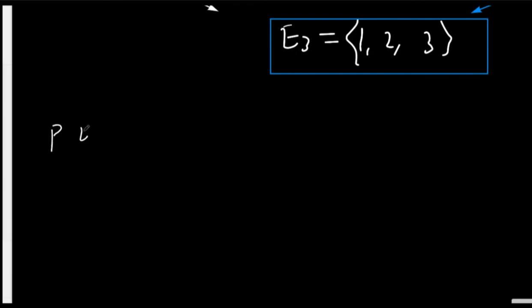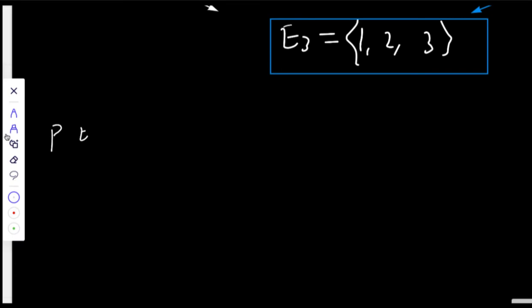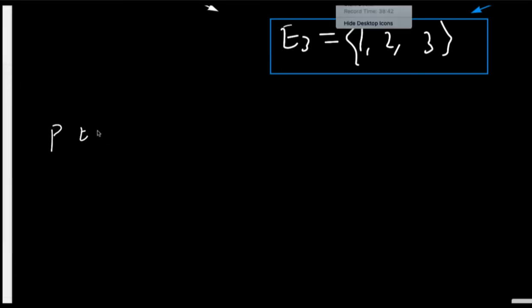Probability E1 equal to E3. Okay, fine. So here what we see is probability of E1 equal to E3, right?